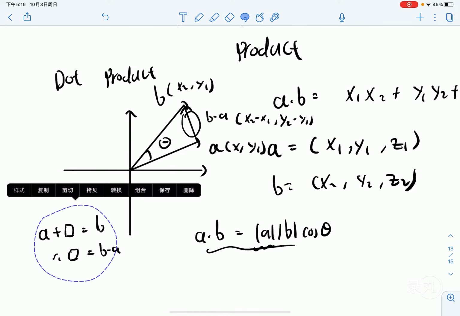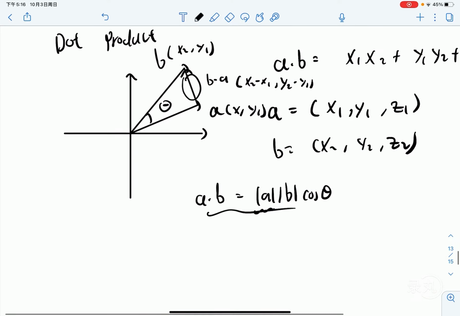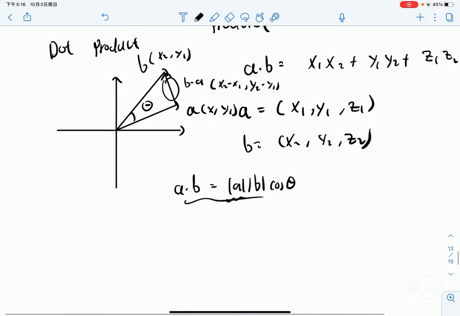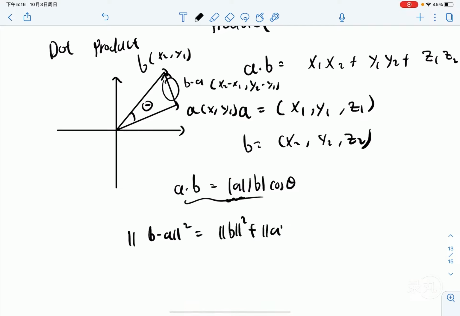And now we have the magnitude of b minus a squared is equal to the magnitude of b squared plus the magnitude of a squared minus 2 times the magnitude of a times the magnitude of b cosine theta.